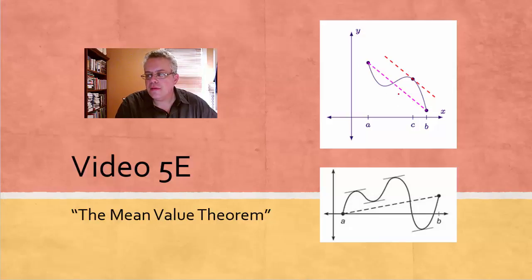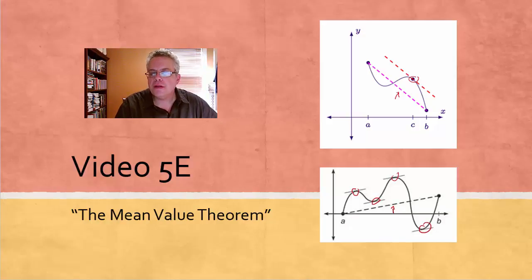So right here in this diagram, this pink dashed line is the segment in between the endpoints. And what the theorem is saying is there's a point somewhere where the slope equals that slope. Here, this dashed line represents the segment between the endpoints, and we see that there are 1, 2, 3, and 4 places where the derivative is equal to the slope of that line.